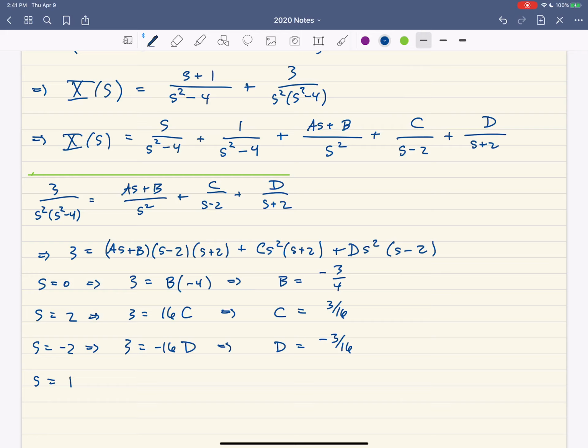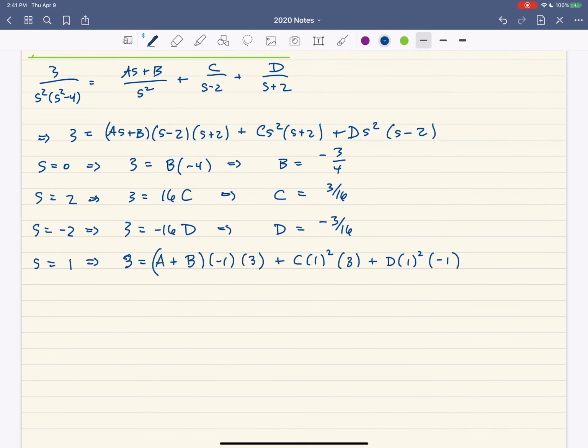So if we plug in s equals 1 on the left, we'll get 3. On the right side, we're going to end up with 1a plus b times, if s is equal to 1, we'll have s minus 2 is negative 1, s plus 2 is 3, plus c times 1 squared times 3, plus d times 1 squared times negative 1.